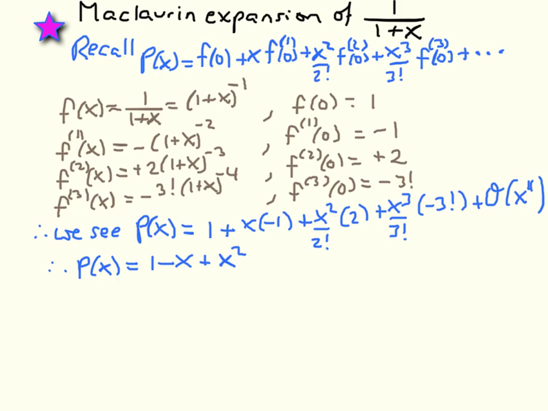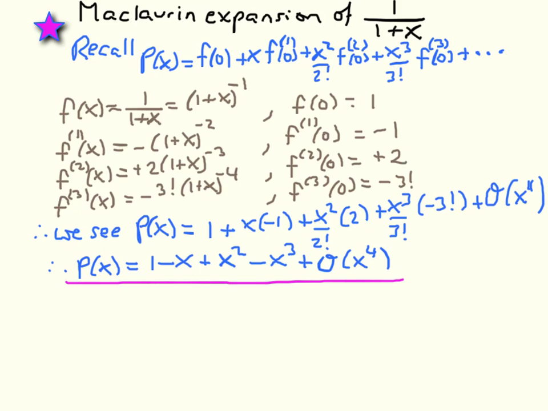Next, the 3 factorials cancel, but there is a minus sign, so we get minus x cubed, and then there are terms we've not calculated of order x to the power 4. So that is our answer, and these are the first 4 non-vanishing terms in the Maclaurin expansion of 1 over 1 plus x.